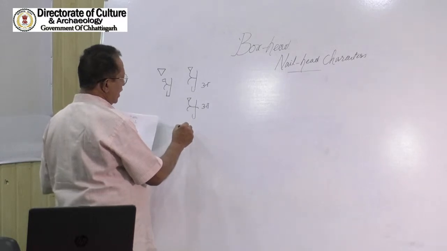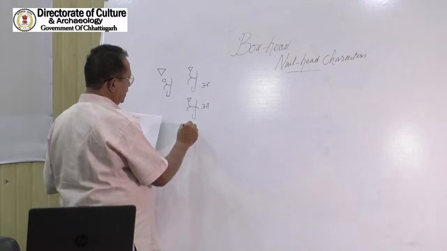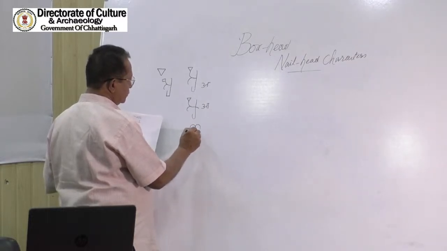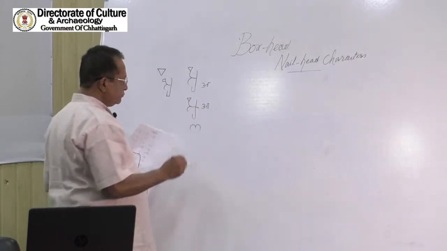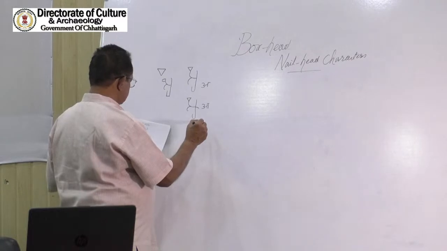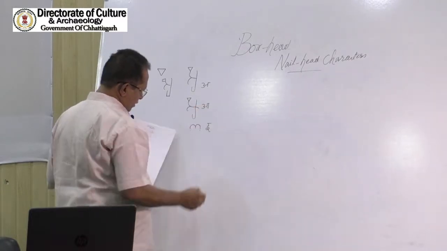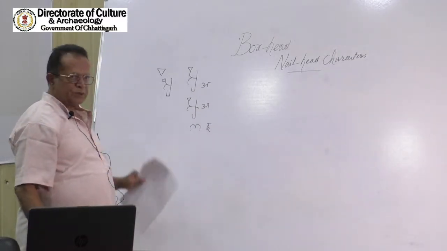And the same variety continues as far as vowel E is concerned, with two dots on either end. So the same form which you saw in the box style continues here also.